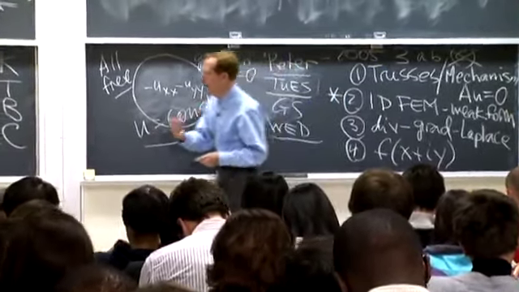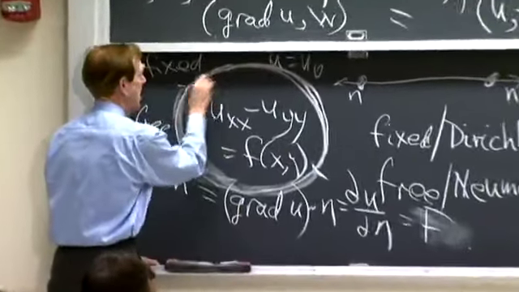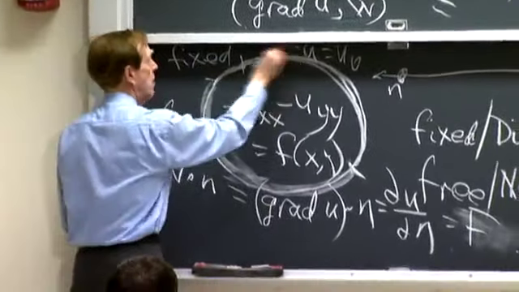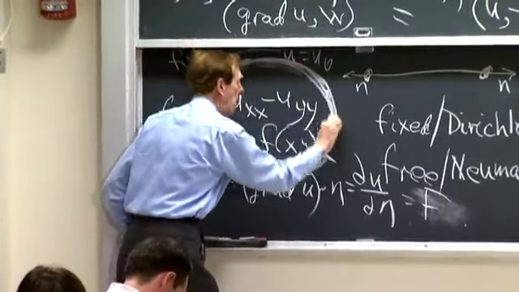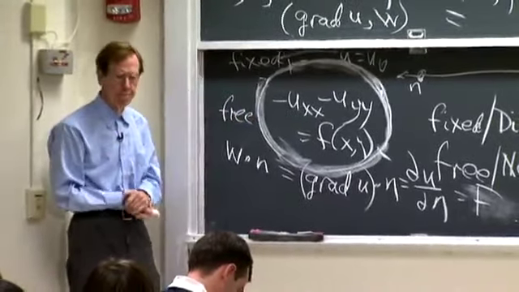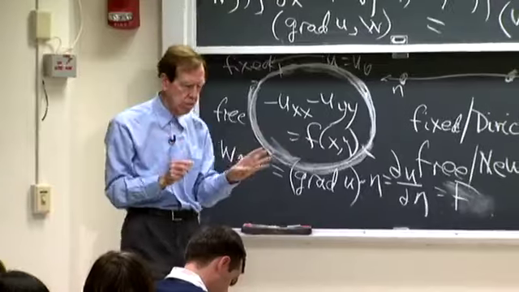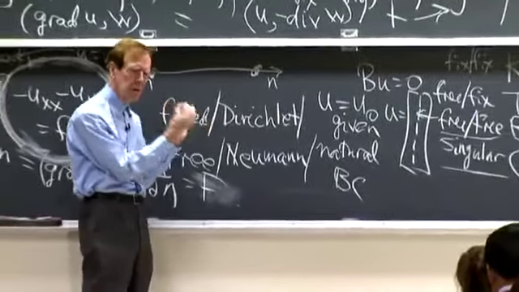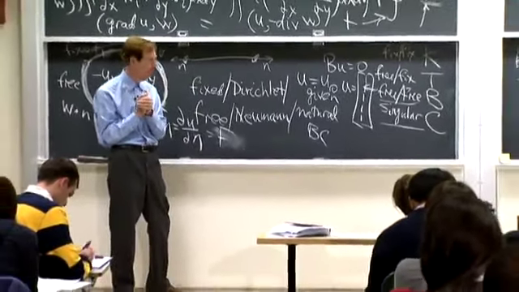So it would be enough for me just to fix that little bit. If I just fix that little bit and prescribe U equal U0 on a little bit, I could make the rest of it free. But I can't make it all free. Okay. So those are things just to complete the big picture of Laplace's equation.